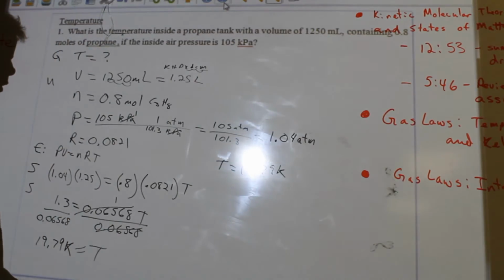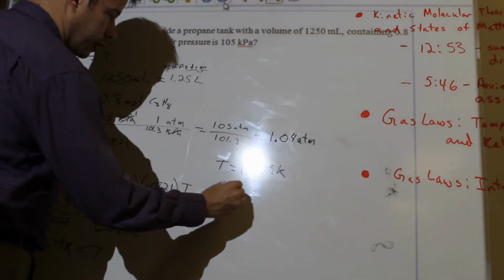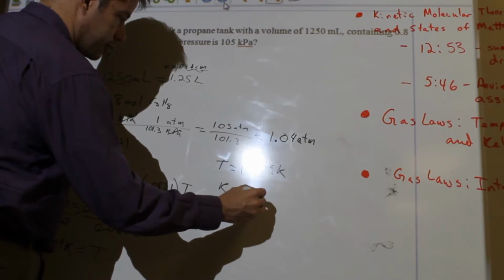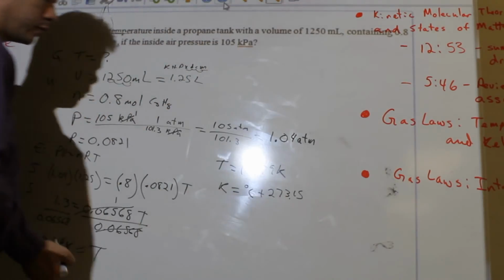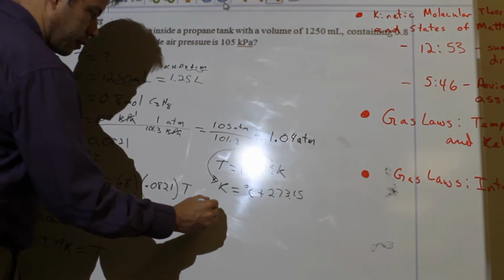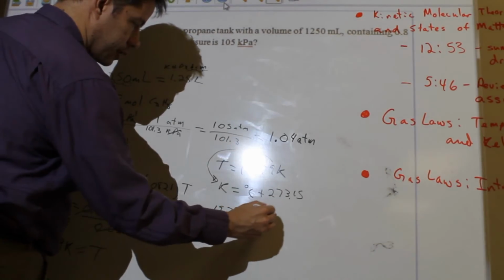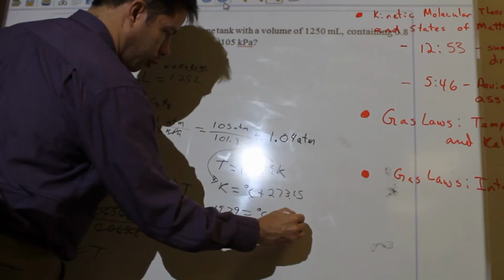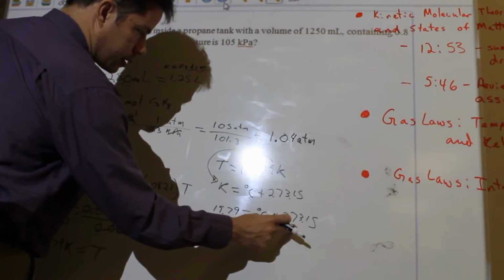Now we have to convert that to Celsius. So remember our equation, Kelvin equals degrees Celsius plus 273.15. Plug in our K. So 19.79 equals degrees Celsius plus 273.15. We're looking for Celsius, so we've got to get rid of this number.